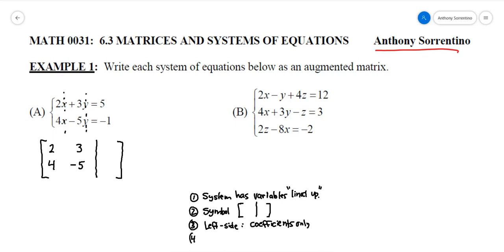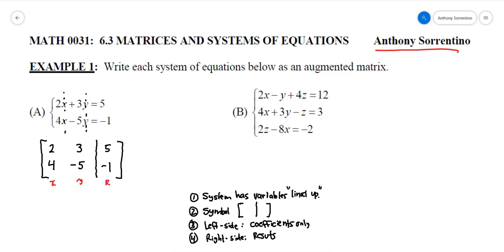And then of course the right side are the results, or essentially the numbers that the equations are set equal to. So 5 and -1. And basically this lets me know that I have an X column and I have a Y column, and I have, of course, my result column.